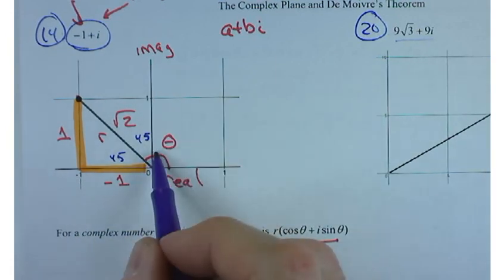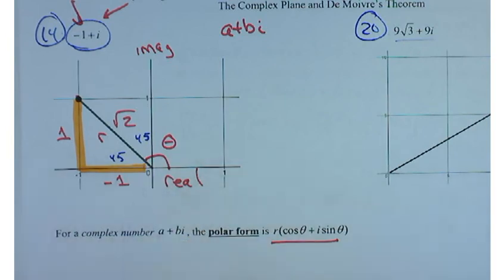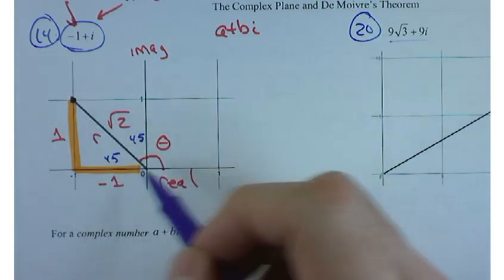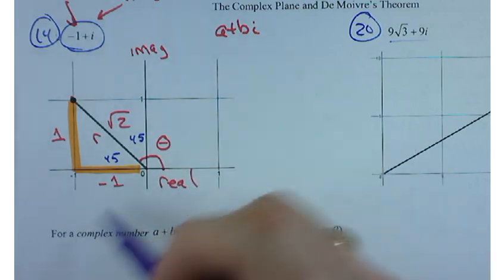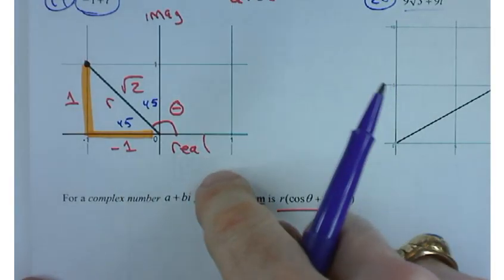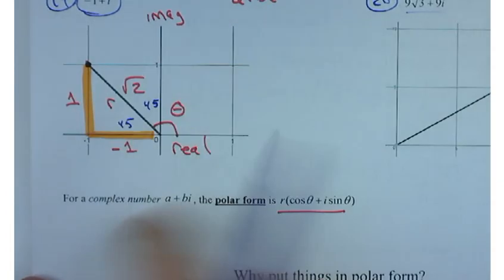So 90 plus 45 gives me 135. Hopefully you get comfortable realizing that when you have an angle that bisects a quadrant, it's going to be a multiple of 45: 45, 135, 225, or 315, depending on what quadrant you're in.